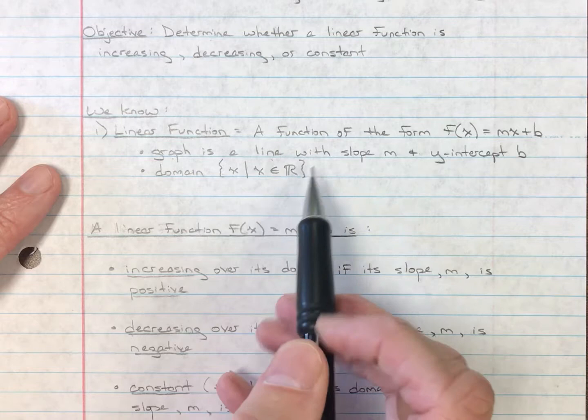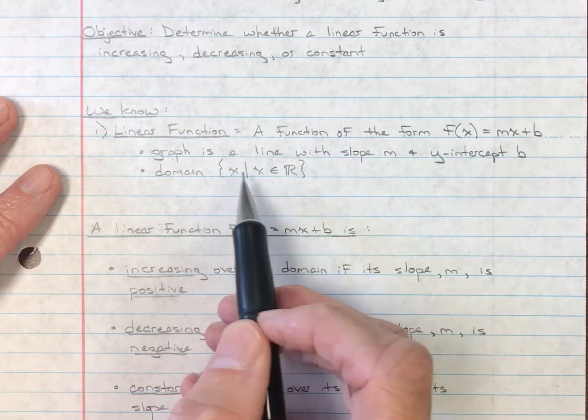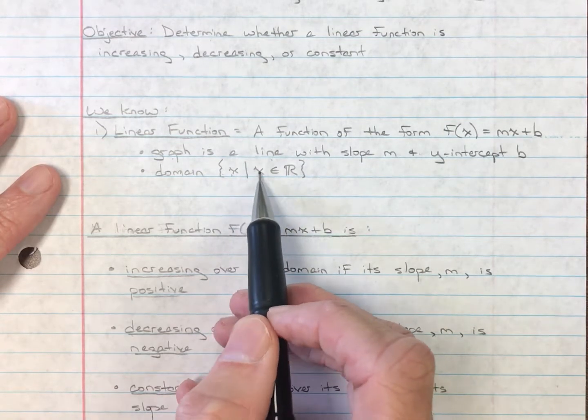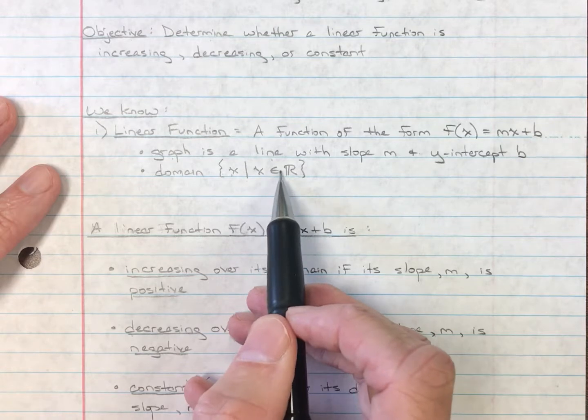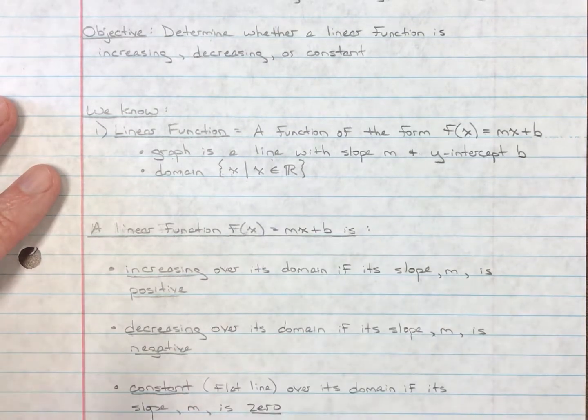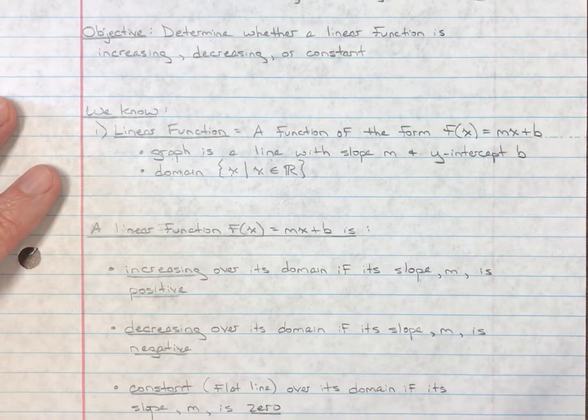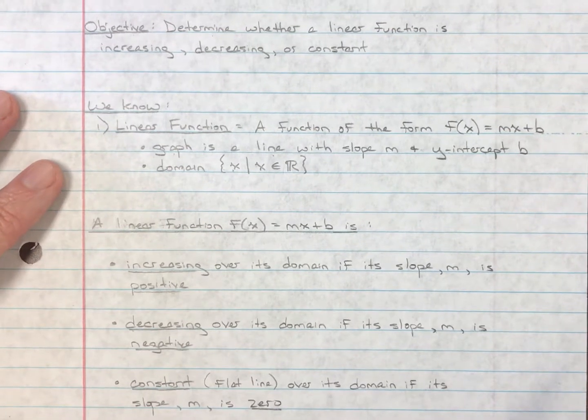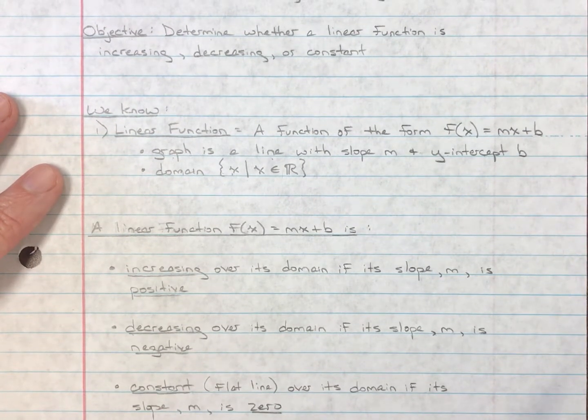Using set notation, all x such that x is an element of the real numbers. Okay, I'll just directly speak to this because it's going to be very familiar to you from your work with lines.